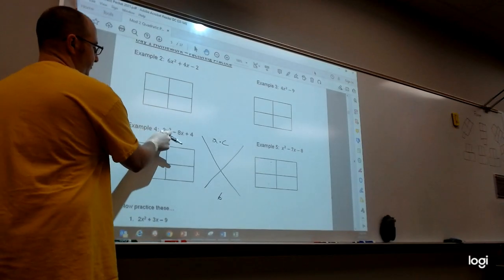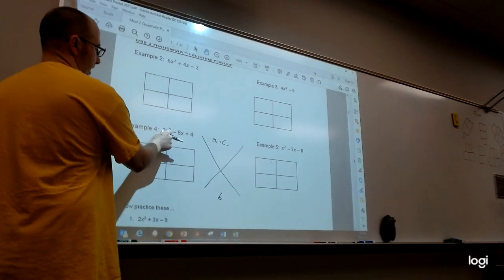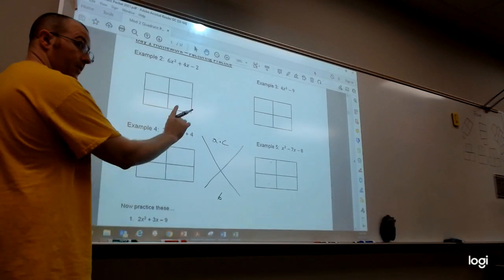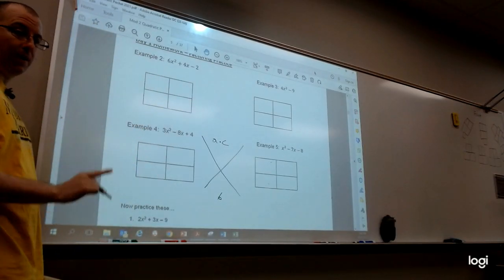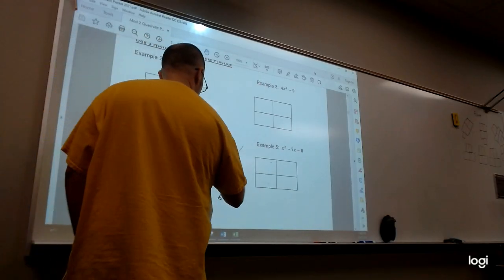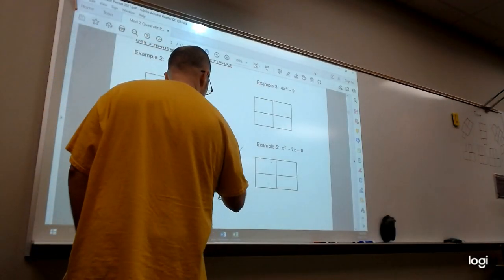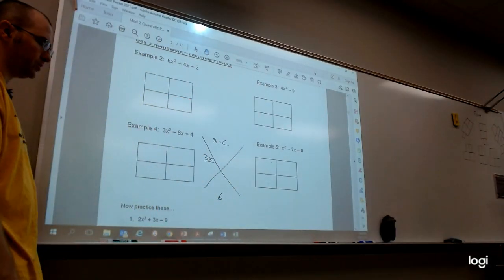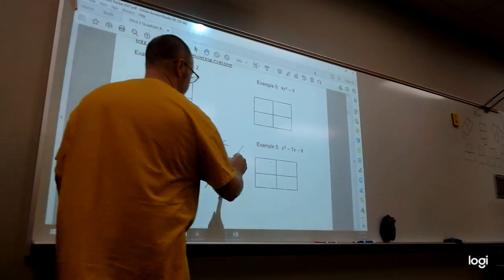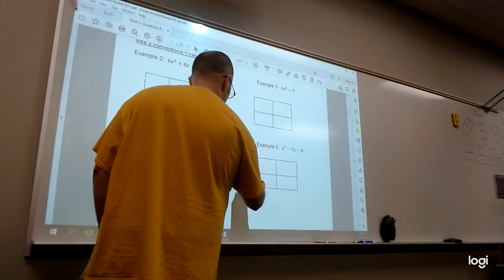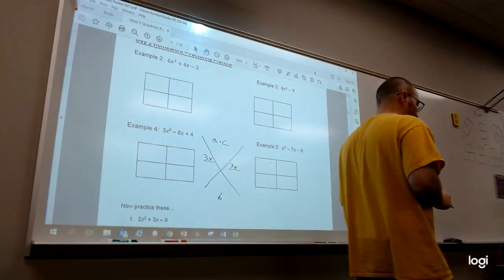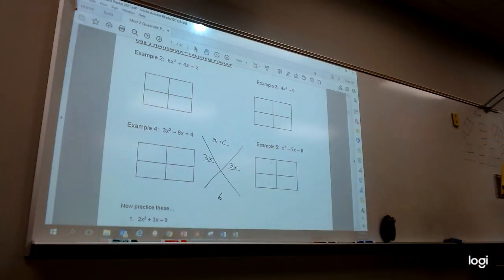Take what the first number and letter are. Okay, take the 3x, not 3x squared. Take just the 3x, and I want you to put a 3x here, put a line underneath it because you're going to have a number there, so make sure you got space. And then put 3x here and put a line underneath it because you're going to make a fraction out of that. I'll show you in just a second.